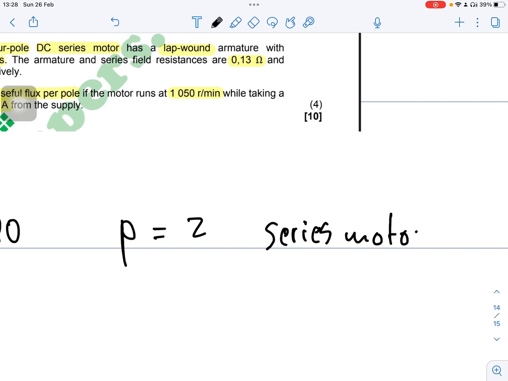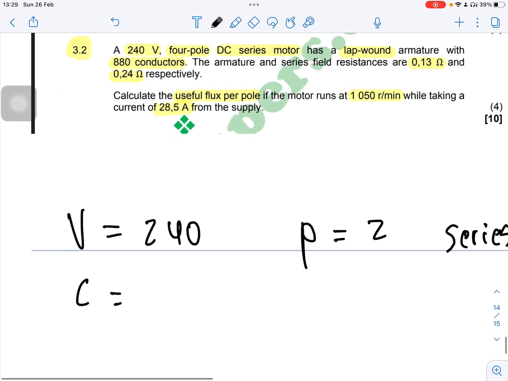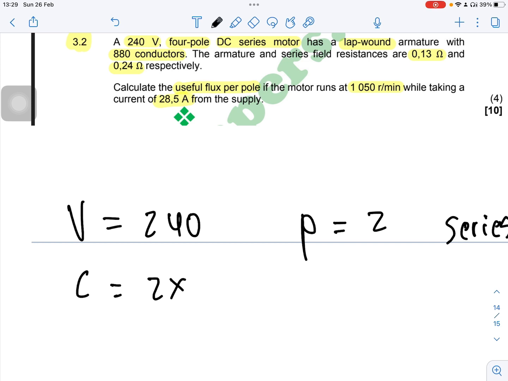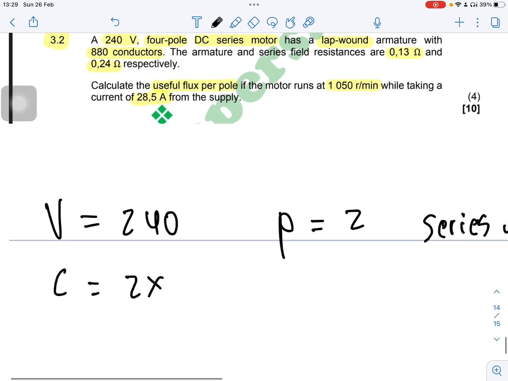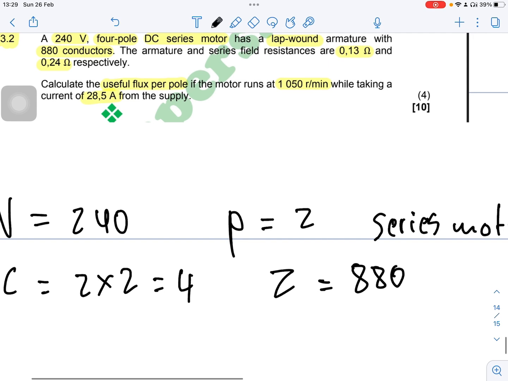In a series motor, the current from the supply is the same throughout. Then they said lap connected, meaning the number of parallel paths C equals 2 times the pole pair, which is 4. And then we are given the number of armature conductors, Z, which is 880 conductors.